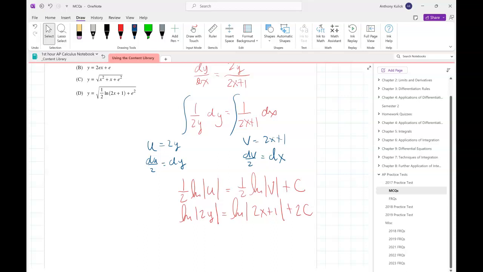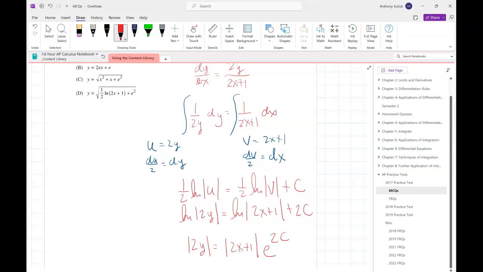I'm going to now do the exponent base e to both sides to cancel my natural logs. Well, let's just do it this way. Is everybody okay with why it's multiplication of e to the 2c there?